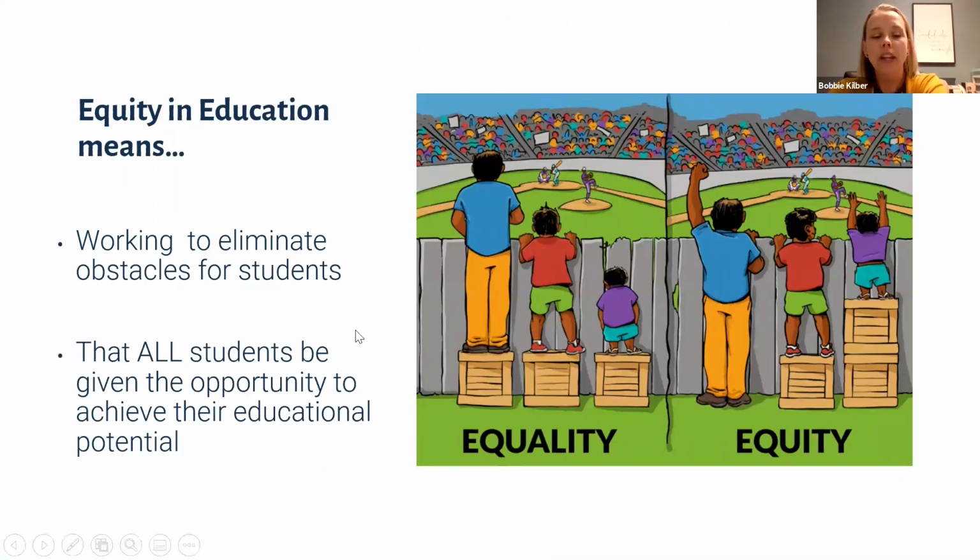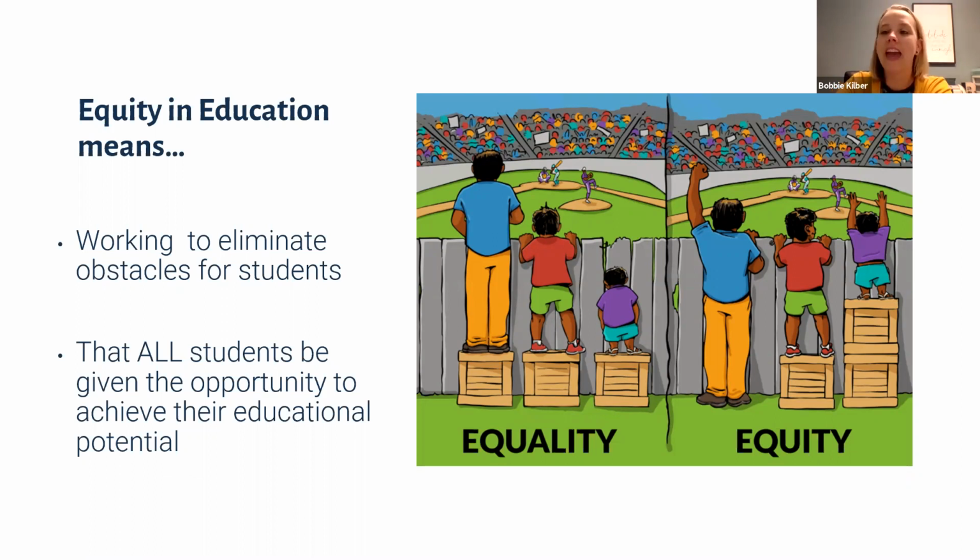And this is a little bit about what we do. We work for equity in education. We work to eliminate obstacles for students. We want them to succeed. You want them to succeed. We work with teachers and administrators to help build that equity for these students, not equality. Look at these little people in this image. Equality would mean everybody having the same stool so they can watch that ball game. How's that working for them? Not so much, right?